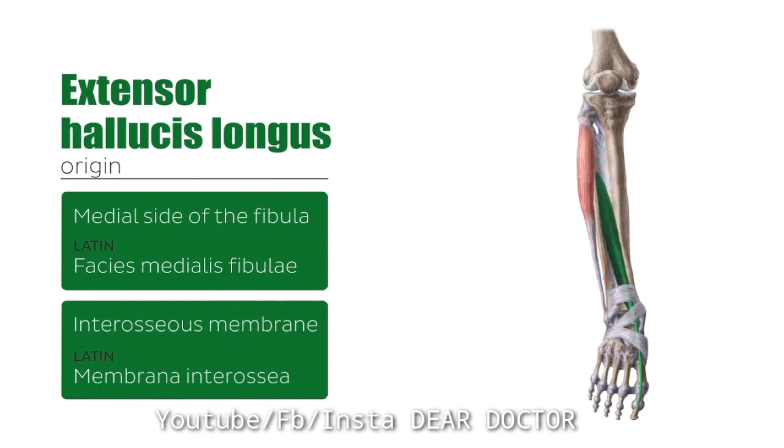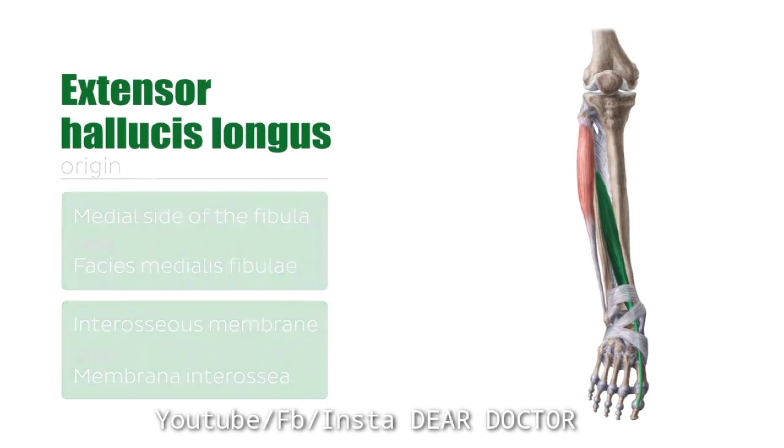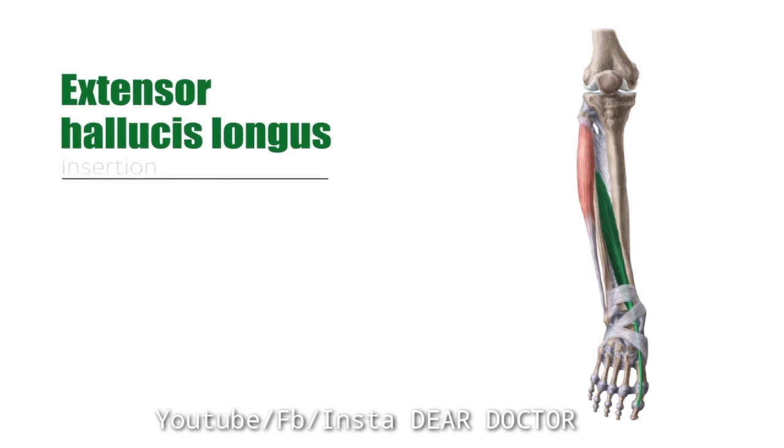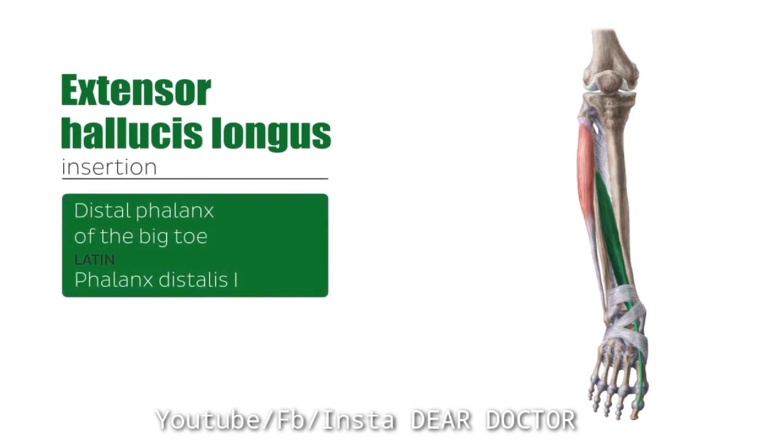This membrane is going to be serving as an origin point for this muscle as well. Now the muscle is going to go all the way from these two origin points to then insert at one point, which is the distal phalanx of the big toe. And you can clearly see here, distal phalanx of the big toe, which will serve as the insertion point for the tendon of the extensor hallucis longus.